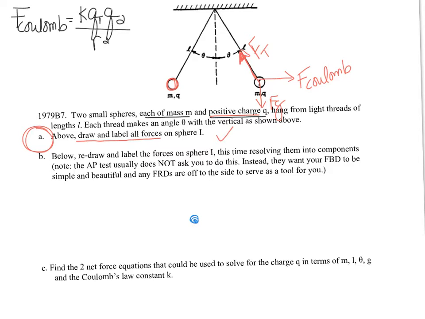So let's start by just redrawing the forces from our free body diagram. And let's set up our coordinate system, reminding ourselves that we want to the right to be positive x and up to be positive y.